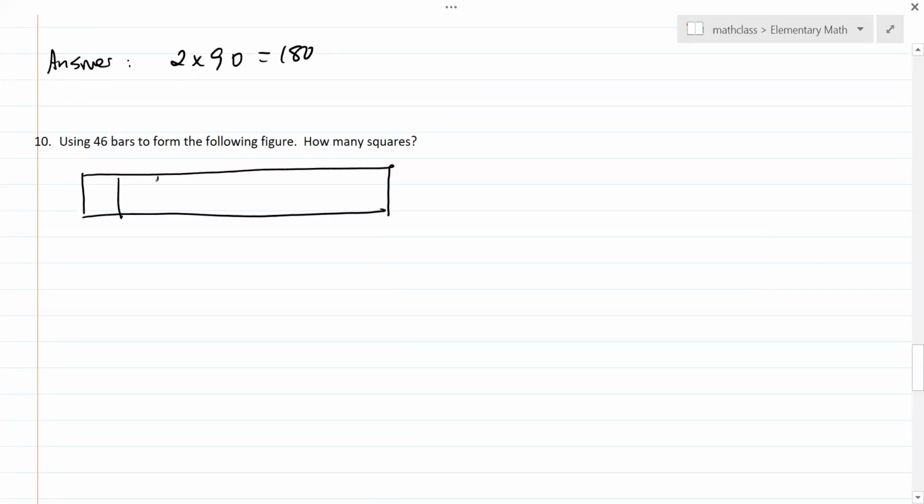You have this many squares there. We're using 46 pieces of stick, or bars, to make those squares. How many squares can you make?